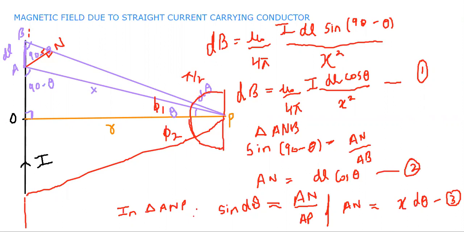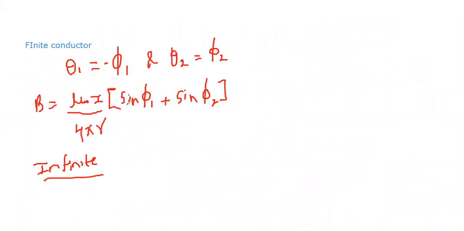So phi 2 would also be pi by 2. Both will be pi by 2. So sin 90 plus sin 90. Sin 90 is 1, so 1 plus 1 is 2. This 2 cancels the 4 to give 2. So the formula for B for an infinite conductor would be mu naught I divided by 2 pi r, and the reason for this is phi 1 and phi 2 would be 90 degrees for an infinite conductor. So for numericals, for a finite conductor you would use this formula, and for an infinite conductor you would use this formula.